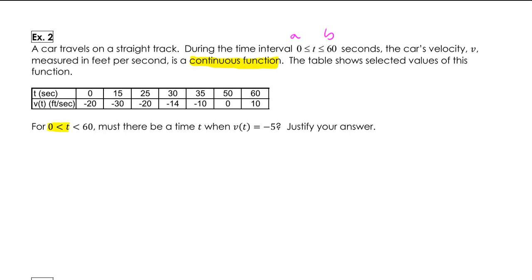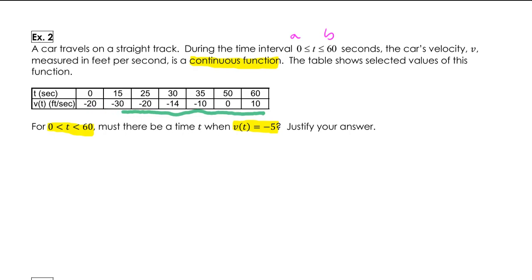Okay, and then the table shows selected values of the function. For t between 0 and 60, must there be a time when velocity is -5? A couple minutes ago, I said a lot of times the way we answer these is yes or no. It's not saying when the velocity will be -5, it's just saying will it? Well, look at the data. Before we even do the math, velocity goes from -20 to -30, -20, -14, -10, 0, 10.